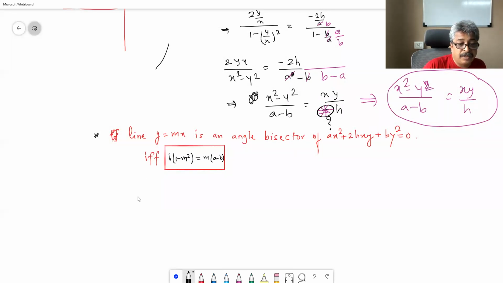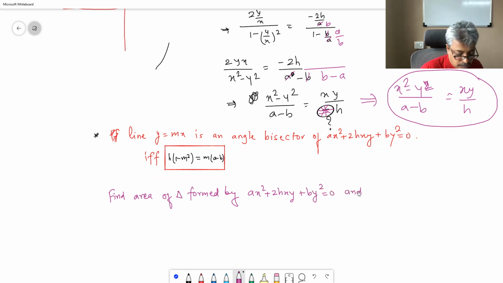Find the area of triangle formed by the lines y = m1x, y = m2x and Lx + my + n = 0.